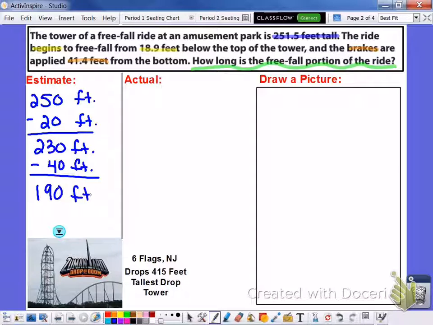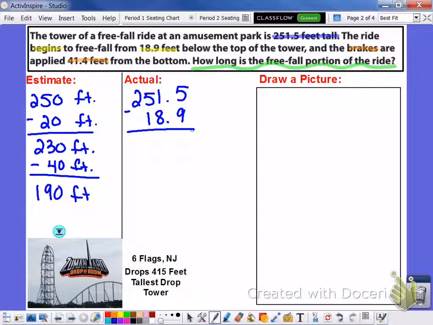Okay, so now that I have my estimate, we actually kind of came up with our plan in doing our estimate. We see that our plan is subtraction. So to find our actual, the ride is actually 251.5 feet. And it starts its free fall 18.9 feet from the top.